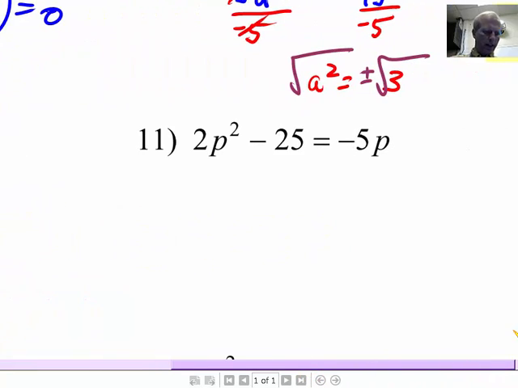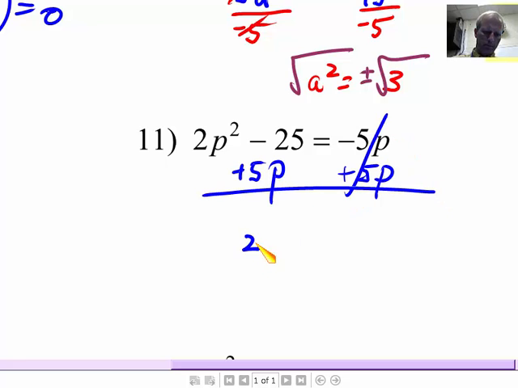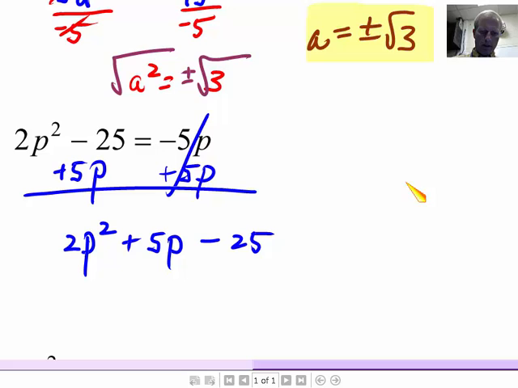Okay, number 11. I think I'm probably going to try the quadratic formula on this one because I see there's a leading coefficient greater than 1 on the p squared term. So I move the 5p over to the left, and now I'm going to use the quadratic formula.